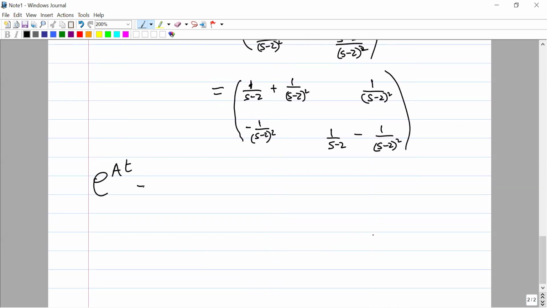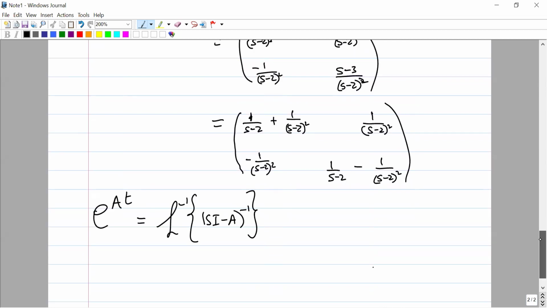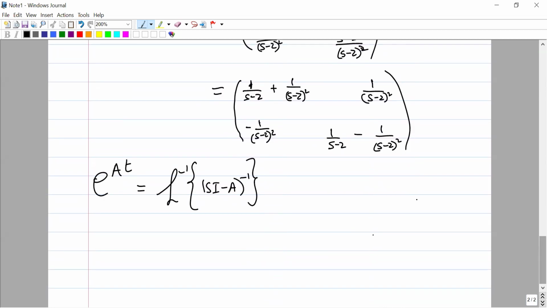All right, so then we are almost complete. So e to the power At is now the inverse Laplace transform of sI minus A inverse, which is the inverse Laplace transform of... Now you then need to go through your Laplace transforms. 1 over s minus 2, plus 1 over s squared, where s is replaced by s minus 2.